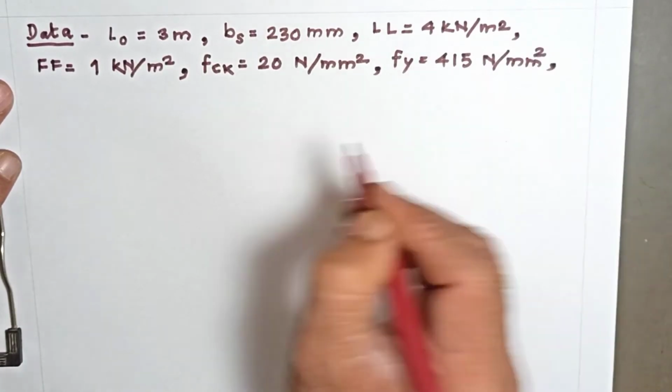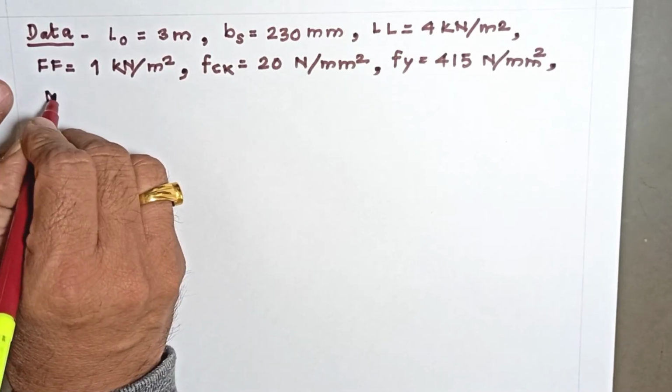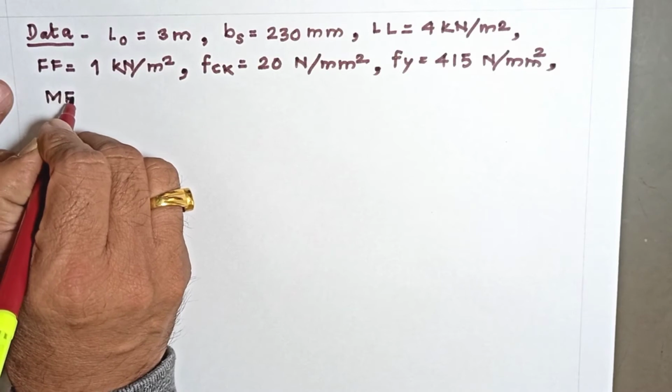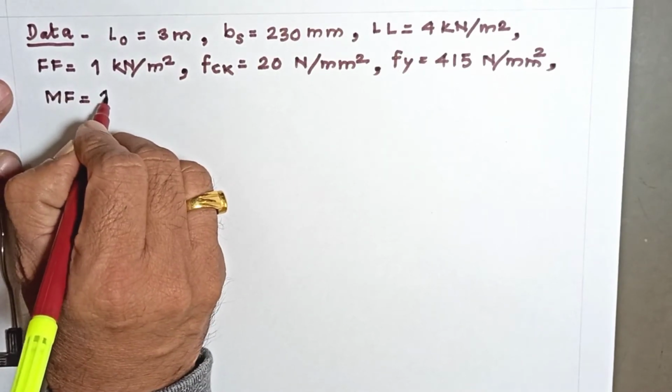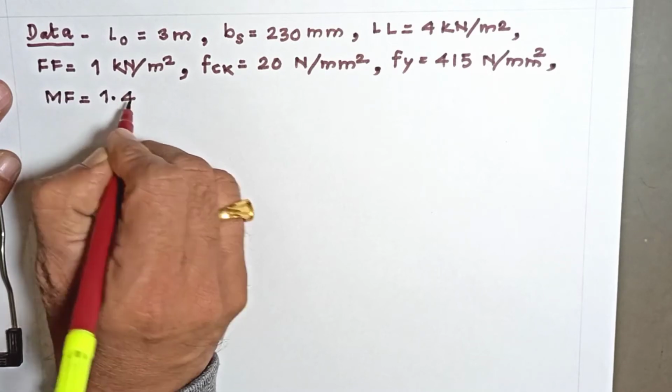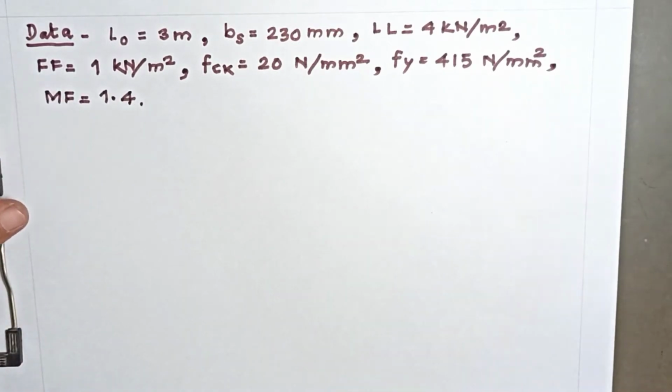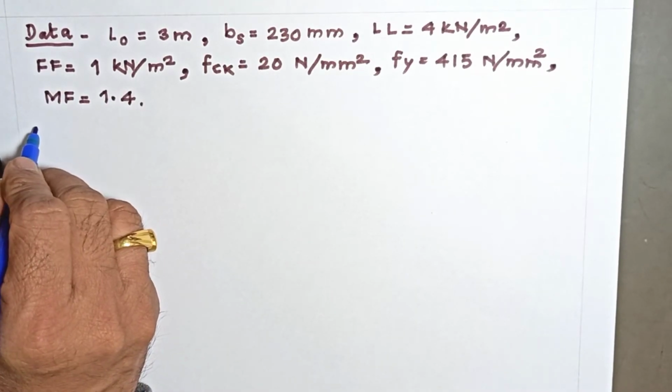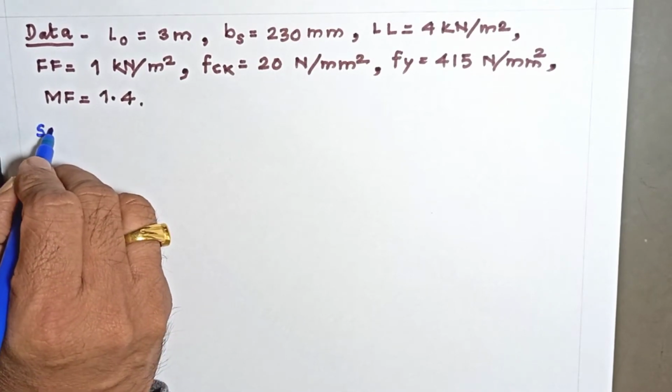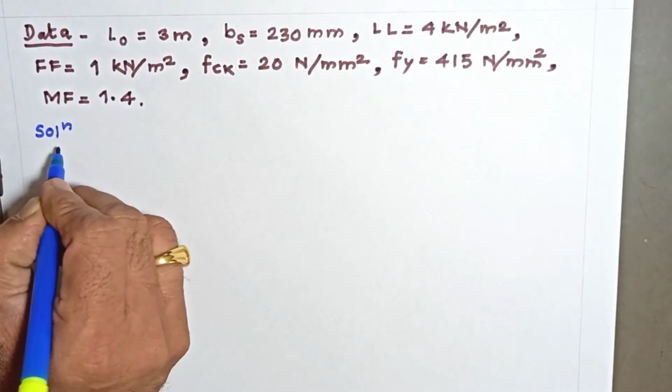Similarly, the value of modification factor is also given, that is 1.4. So this is the data given. What is the required thing? You have to design the slab, means you have to find out the depth of the slab, you have to find out the reinforcement of the slab, and you have to apply the required checks as per IS 456. Okay, so let us see how to solve this particular problem.